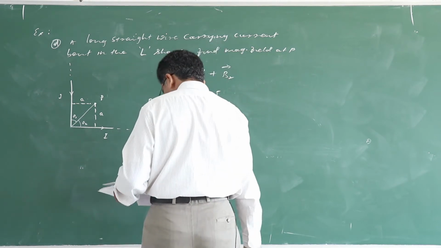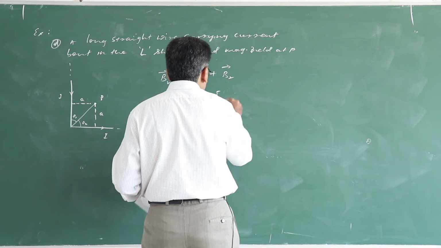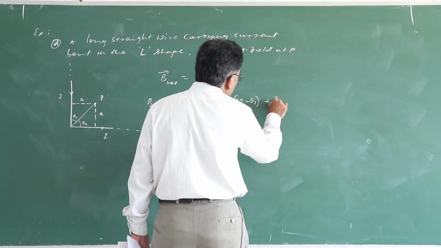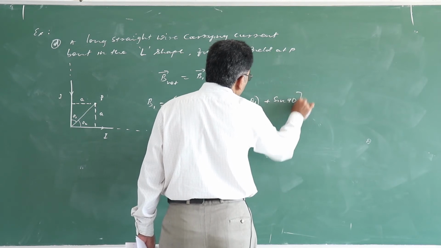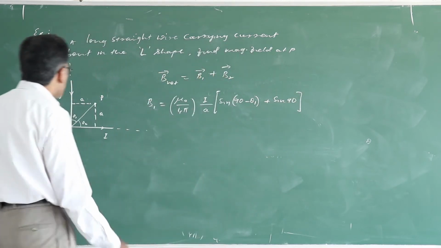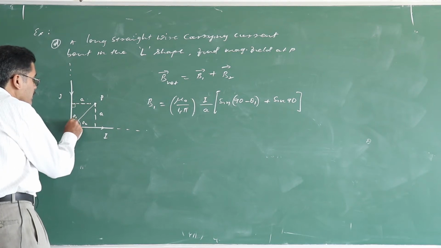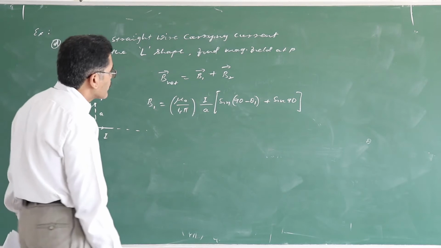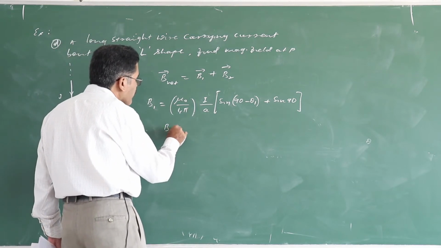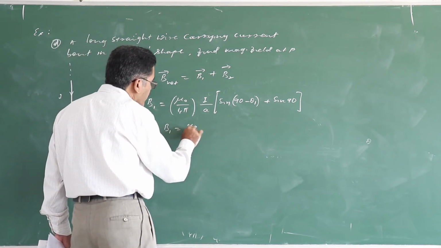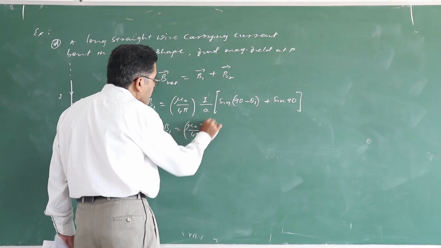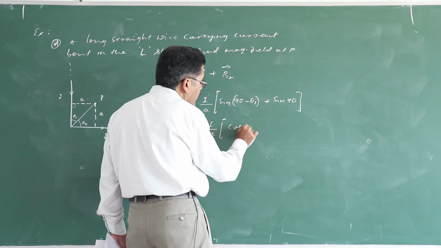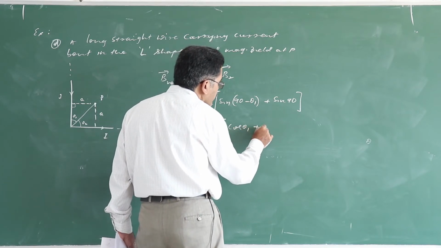Sine of 90 minus theta 1, plus sine 90. Here the angle is 90, so this particular angle is 90 minus theta 1. So B1 is equal to mu naught by 4 pi I by A, cos theta 1 plus 1.